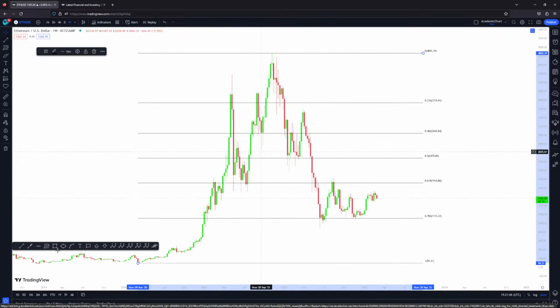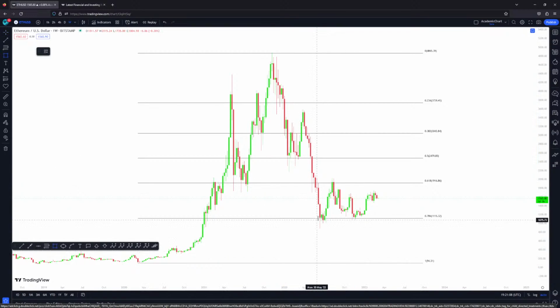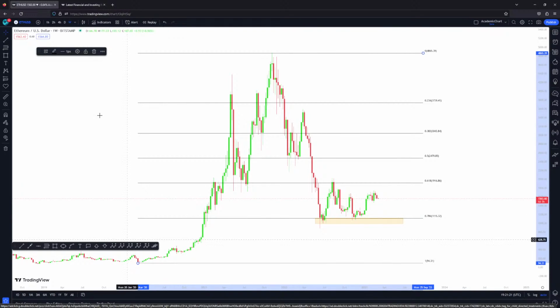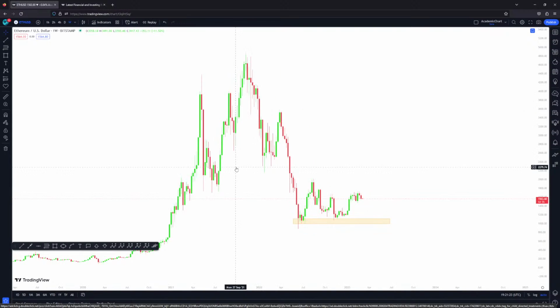I'm going to point this level out with some sort of a rectangle, showing me this was a very strong support level. I will get rid of this one quickly.